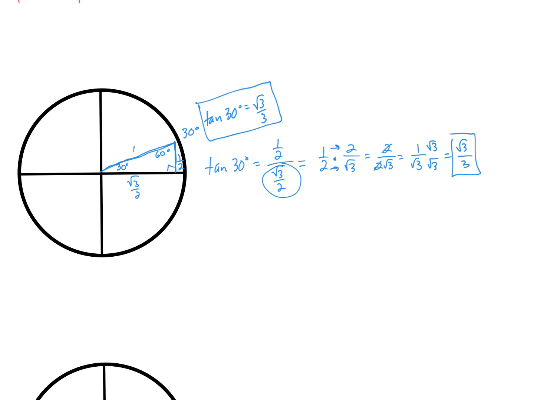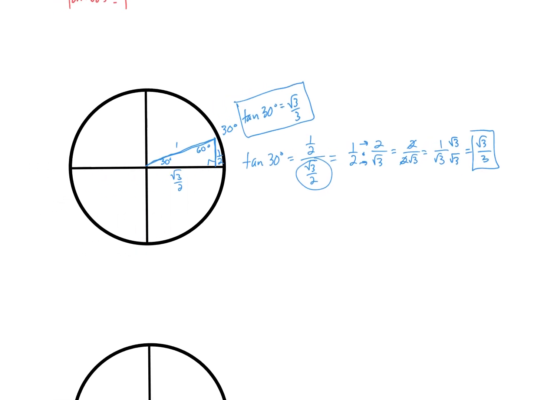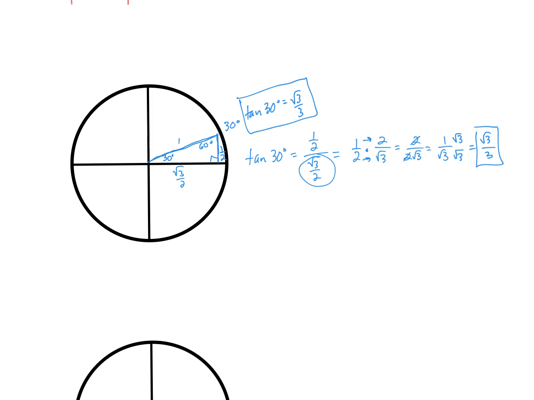And this is going to be true everywhere else on the unit circle where the triangle looks like this. And so what I mean by that is that would happen at 150. It would happen at 210. And it would happen at 330.